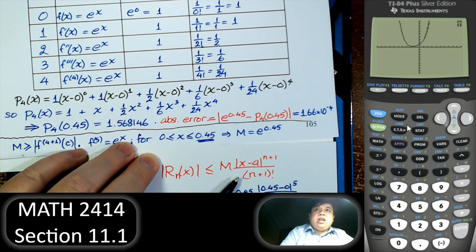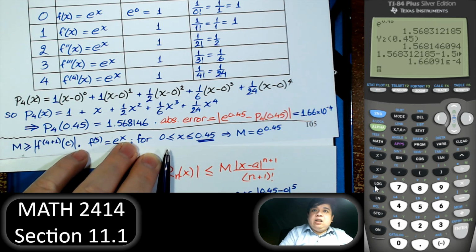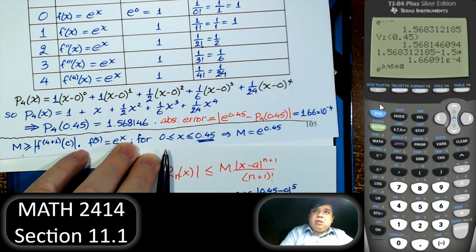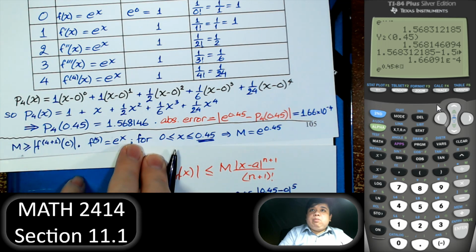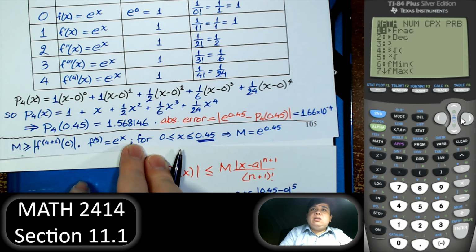So this is the worst case scenario. The error will be this big: e to the 0.45 times 0.45 to the 5th power divided by 5 factorial, which is 120.